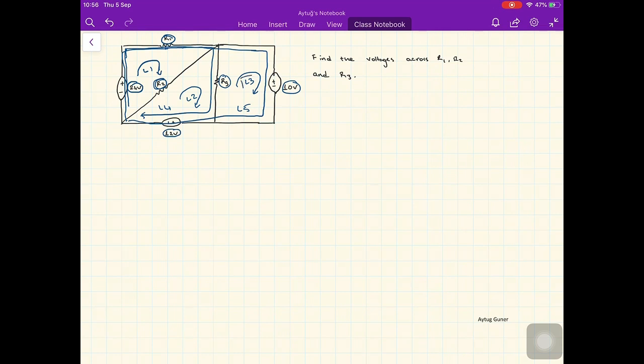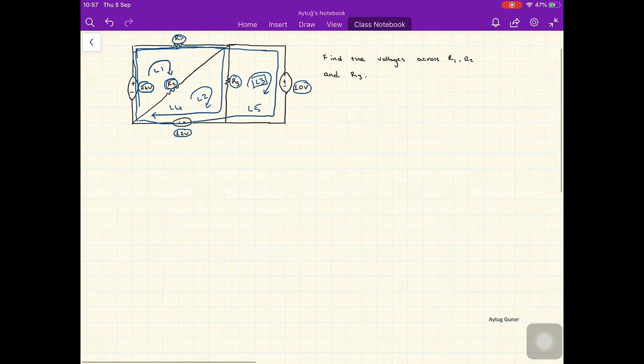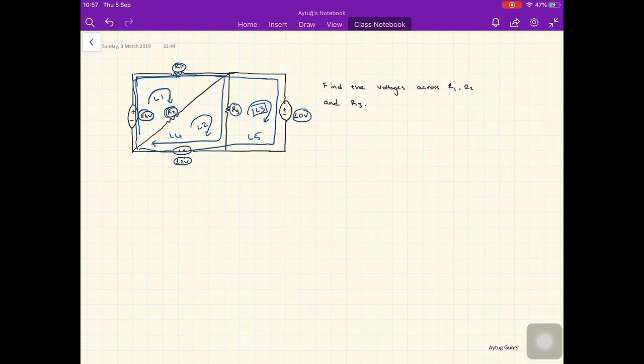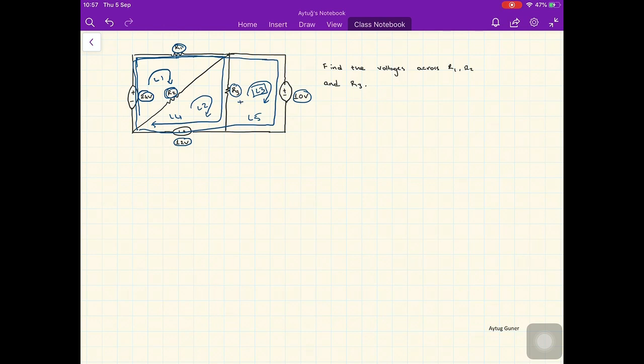I want to take the loop L3 and apply Kirchhoff voltage law. I would like to define this node as positive and the other node as negative. So let's say the voltage across R3 is V3. Let's apply the Kirchhoff voltage law around the loop in the clockwise direction, and we first see the positive sign, so plus V3.